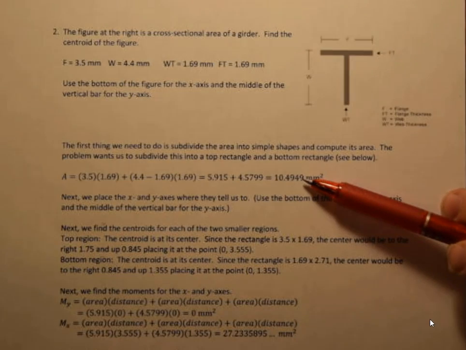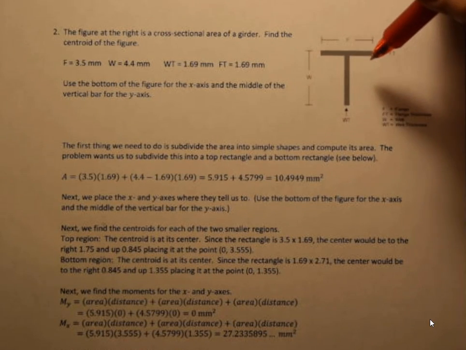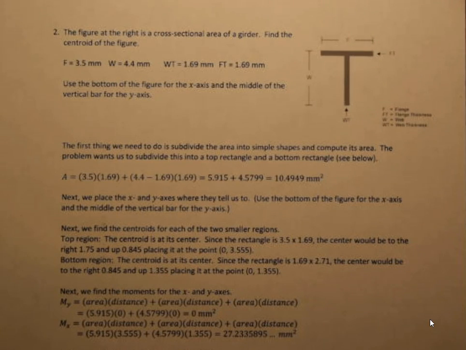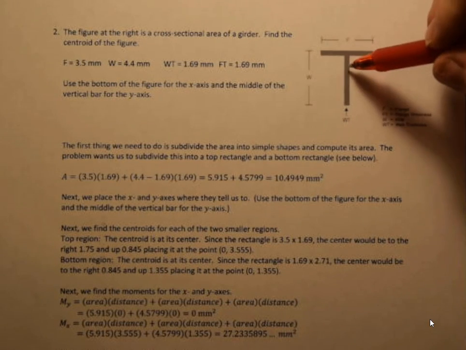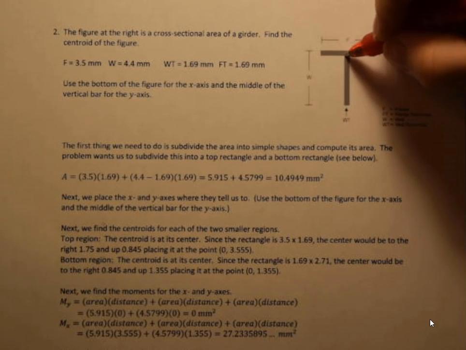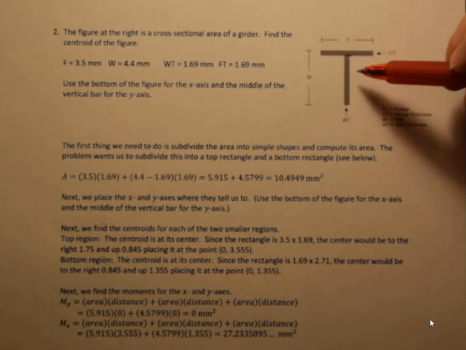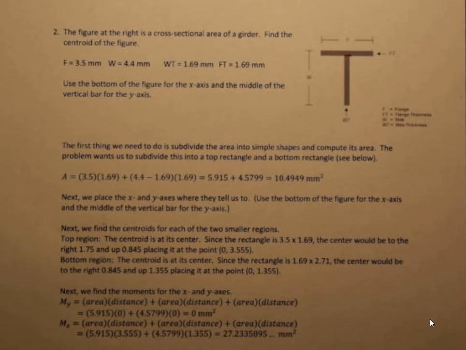So the first thing we need to do is subdivide this into two areas that we can find the centroid, or the center, of each of the smaller areas. I could have the three sections, or I could cut this way, and then I'd have a top rectangle and a bottom rectangle.